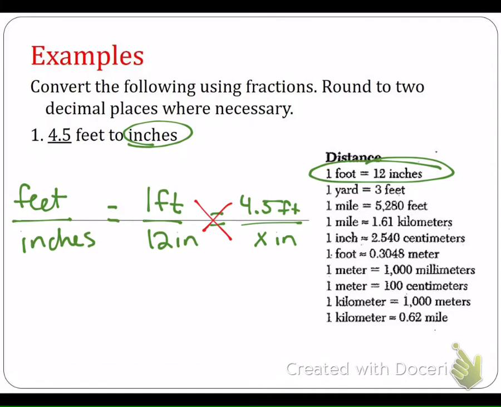And I'm going to forget about the units for a second. So 1 times X is 1X, right? What is 12 times 4.5? 54 sounds about right.